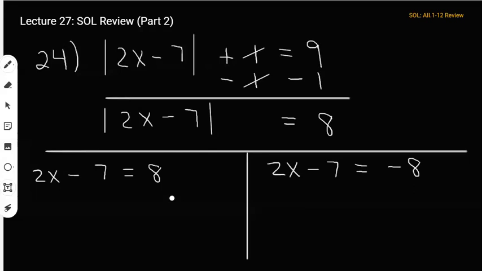And I'm using a positive 8 and a negative 8 because this absolute value symbol can turn a positive into a positive, but it could also turn a negative into a positive. So we need to have this negative 8. For the first one, I can add 7 to both sides and then divide by 2. That'll solve this.